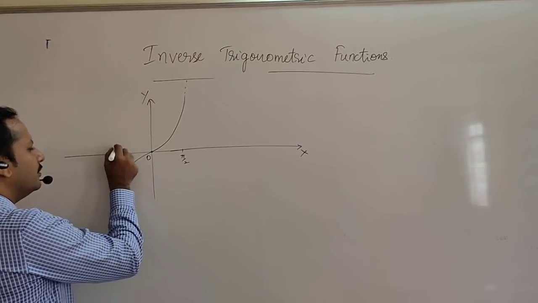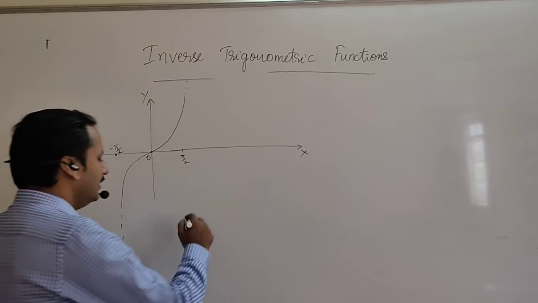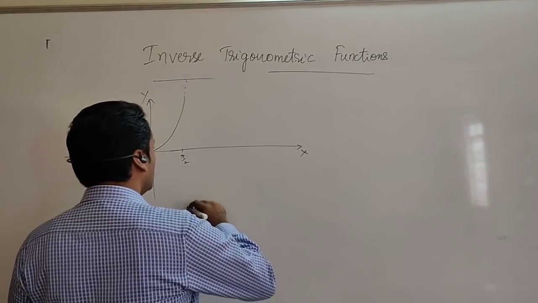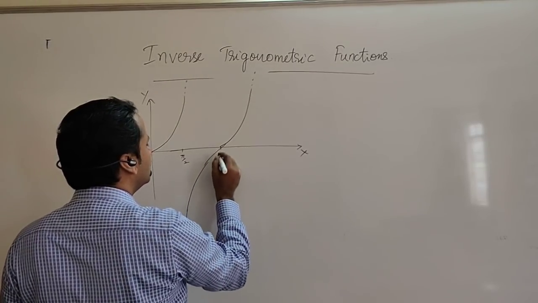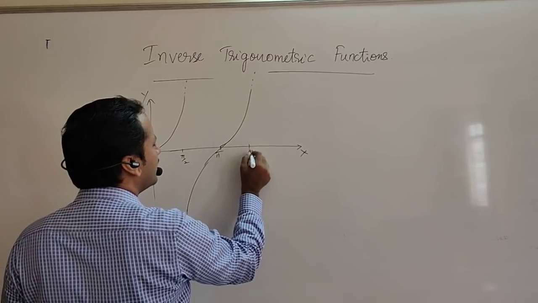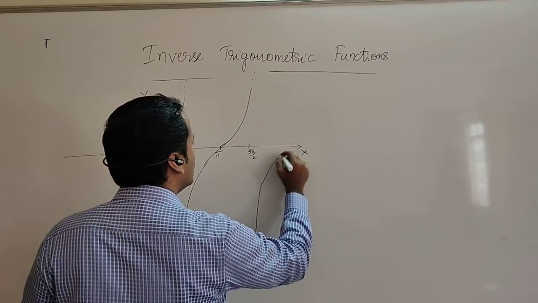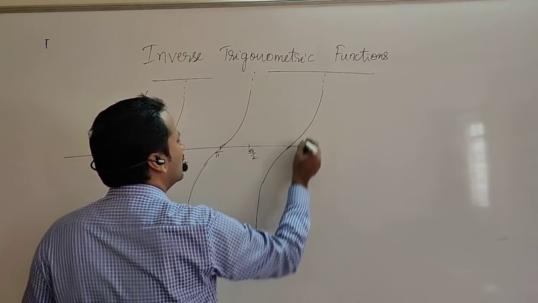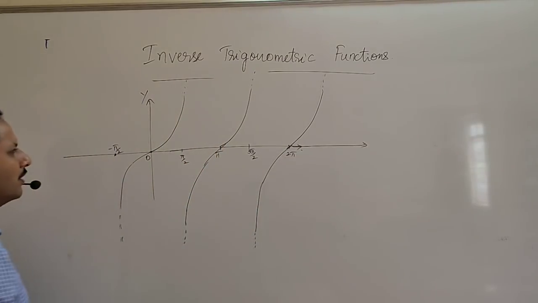This is pi by 2, this is minus pi by 2. Then this is pi, 3 pi by 2, and so on.